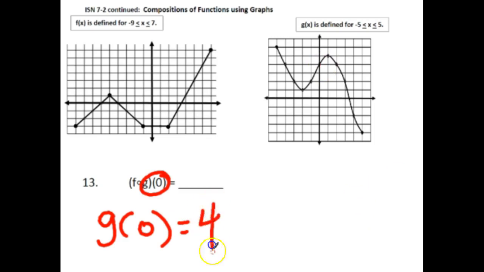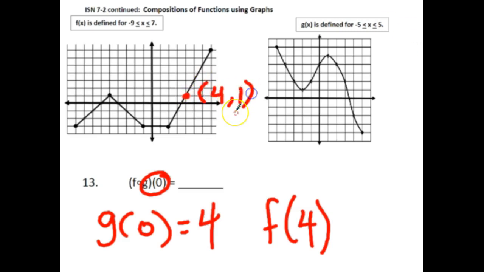Y is 4. Then what? I take the 4 and put it in the outside letter. F of 4, 1, 2, 3, 4. And this point right here is 4 and 1. If this is 4, this is equal to 1. 1 is your final answer.